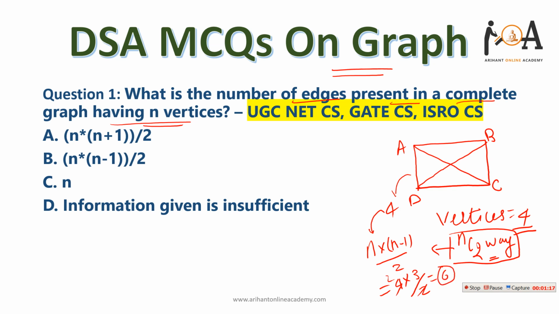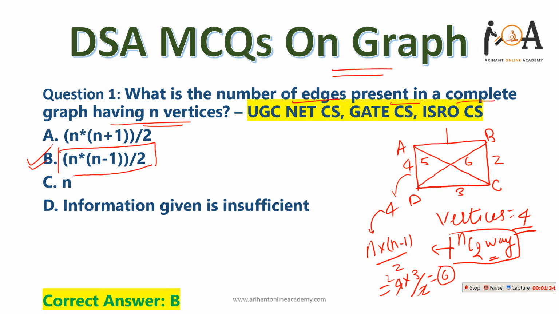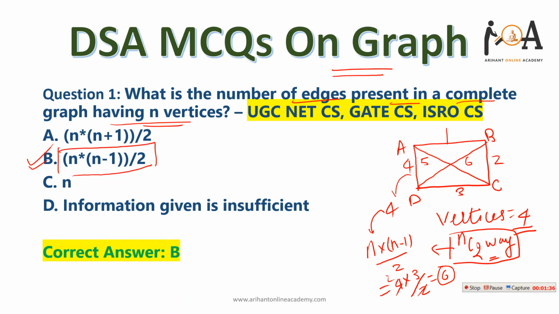Isn't it 6 edges here? 1, 2, 3, 4, 5 and 6. So we have 6 edges. The formula to calculate the total number of edges in a complete graph is n into n minus 1 divided by 2. Option B is the most correct answer. I hope you have got the answer.